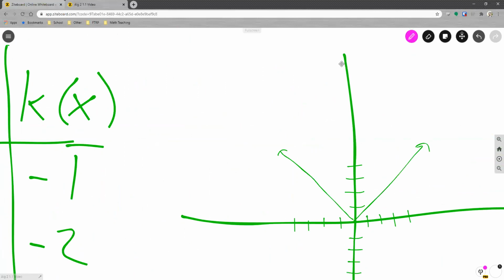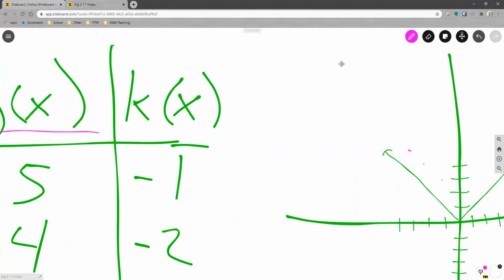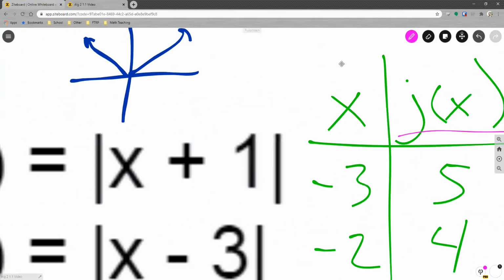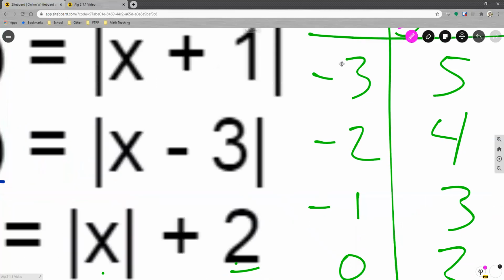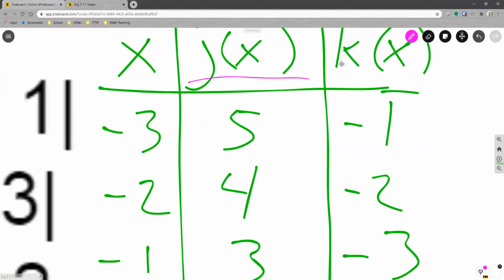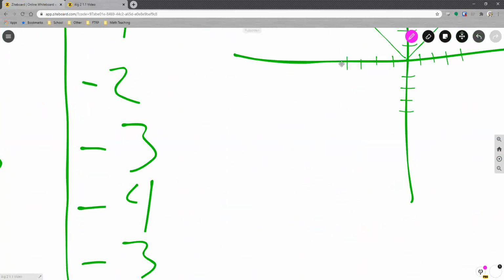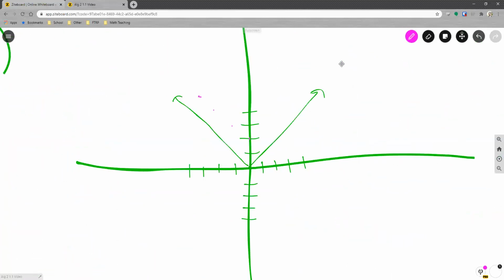So -3 up +5. When it's -2, it becomes +4. When it's -1, it's +3. And then when it's 0, it is +2. Okay. So I've got 5, 4, 3, 2, and then I go back up to 3, 4, 5 in the other direction.